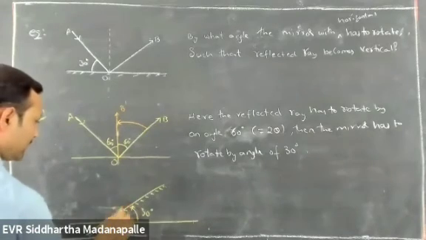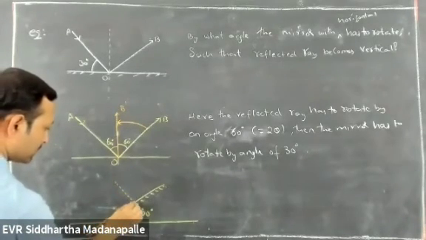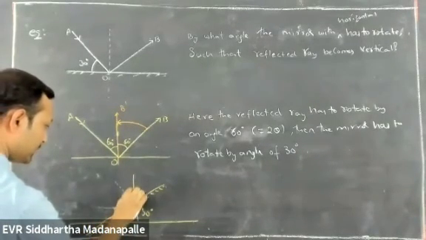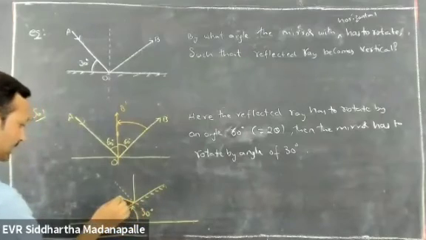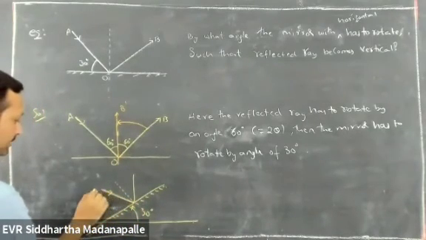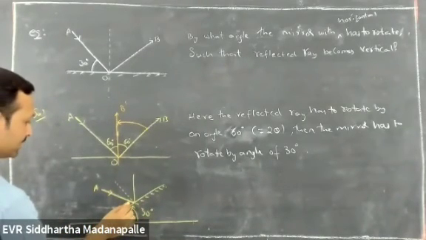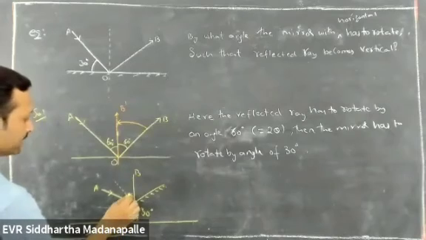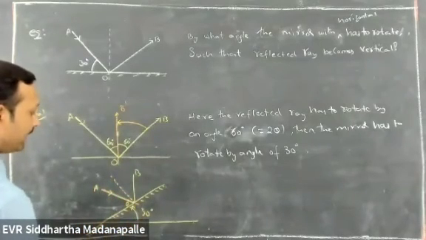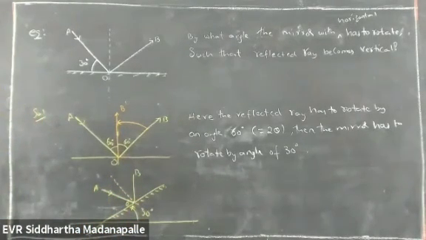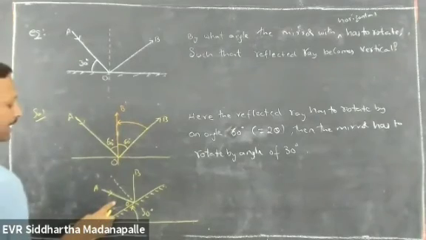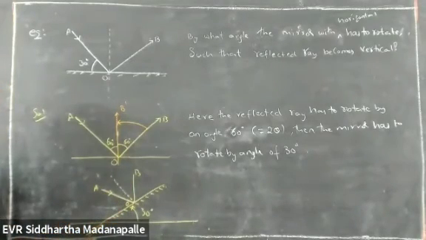So this is the normal, and this one is the reflected ray, and this one indicates the incident ray. So AO is the incident ray and OB is the reflected ray. So now what will be the angle of incidence on the surface?